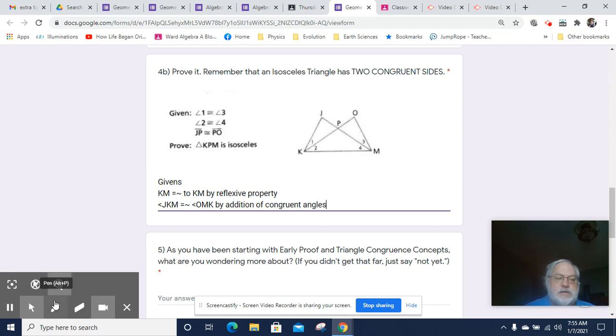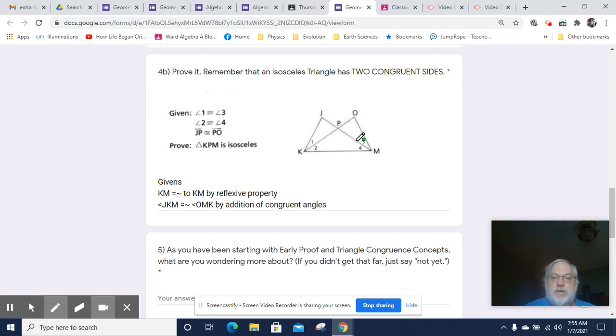And because of that, now we can start organizing some congruent stuff. We know these two angles are congruent because of given. We know that these angles are congruent by addition. And we know that this side is congruent to itself.